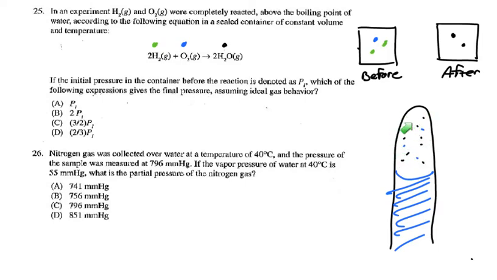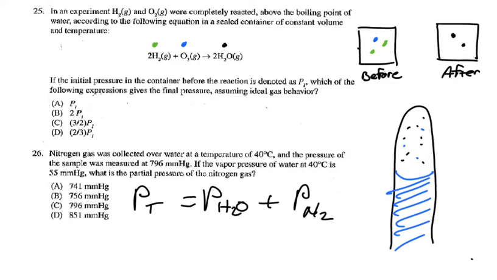pressure of nitrogen. This might be a good time to remind us how we write partial pressure. The partial pressure of nitrogen would look like that. And the partial pressure of nitrogen and the partial pressure of water in this should add up to the total pressure. That's Dalton's law of partial pressures.